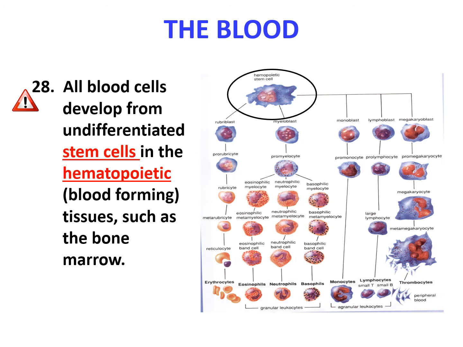So the blast, or the most immature form of each of the individual cell lines, whether it's a rubriblast or otherwise, if you hear blast at the end, then it knows that it wants to be a specific cell, but it's in its most immature form, okay? And then it goes all the way down until you get to the erythrocyte, okay?